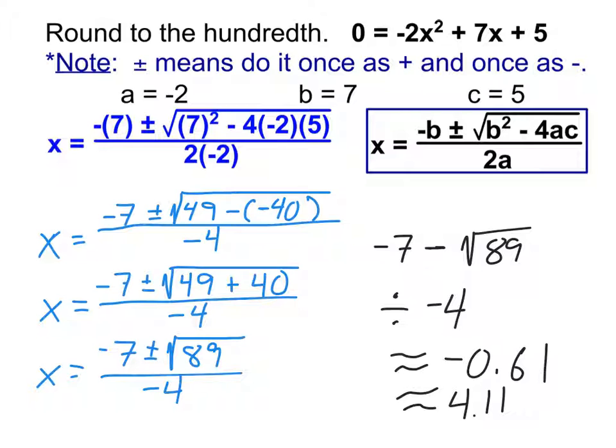Now that was all for if you're doing it on a graphing calculator, makes your life a little bit easier. If you're doing it on a scientific calculator or an even more basic calculator, then you would actually do -7, and then either the plus or the minus, 89, and then you'd press the square root button, and then you'd press equals.